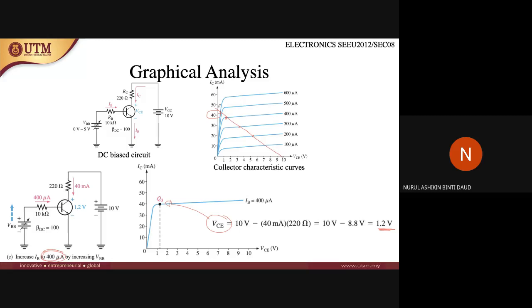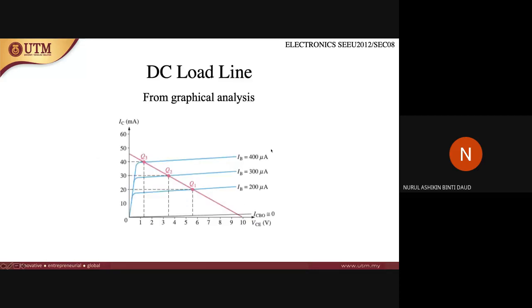From here you can get the value for the saturation value and the cutoff value. Okay, so from that you can make a DC load line. So this is the DC load line, and from here you can get the saturation value and also the cutoff value.